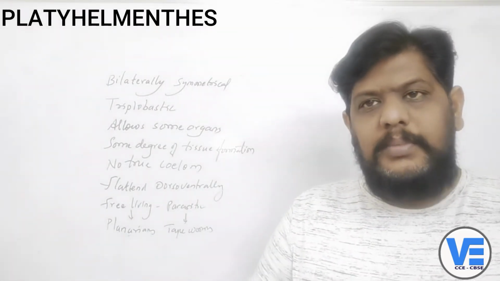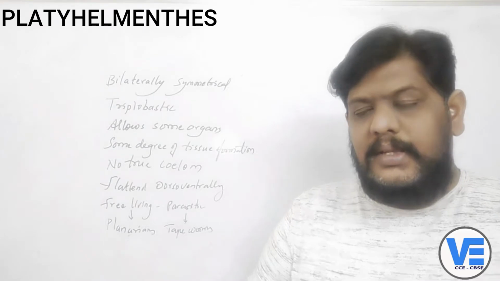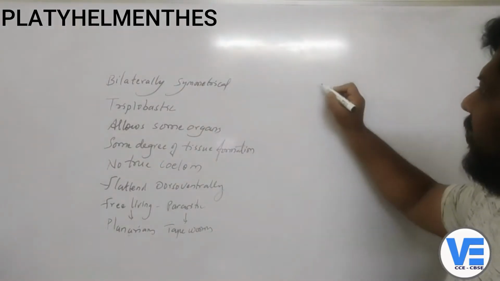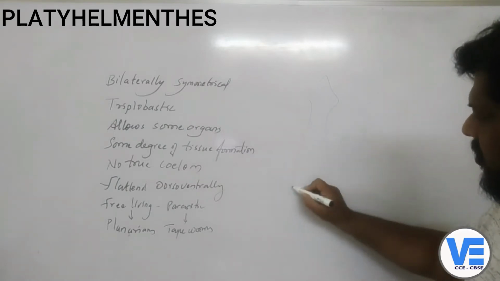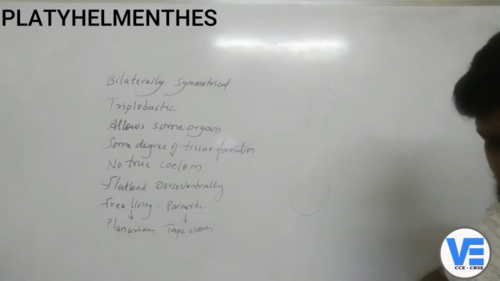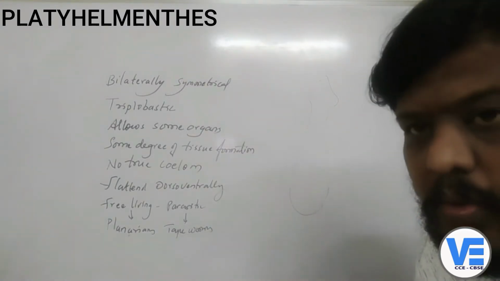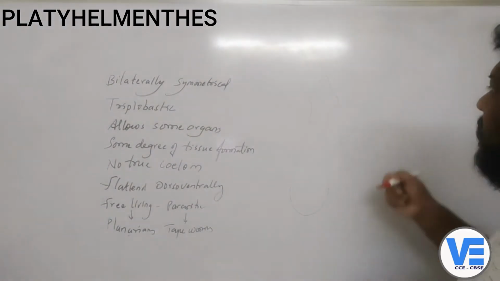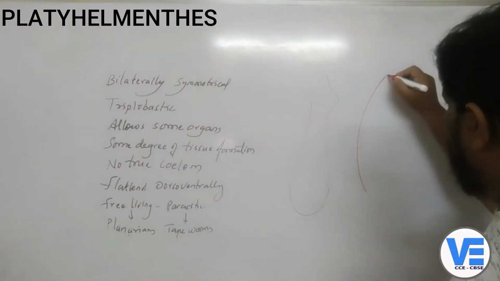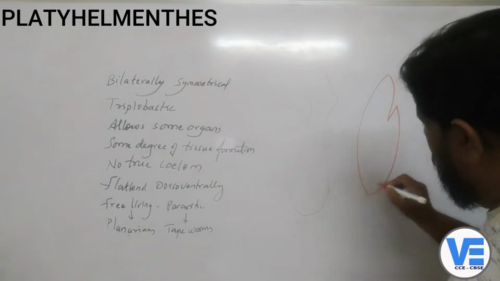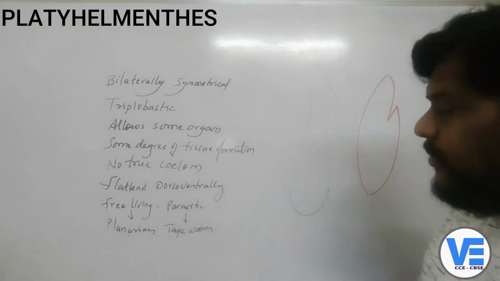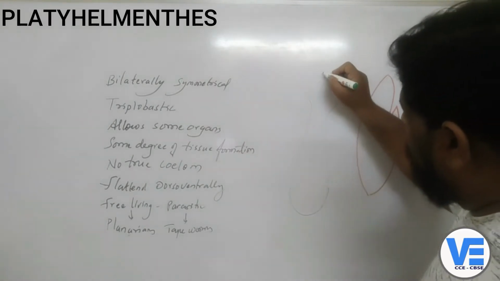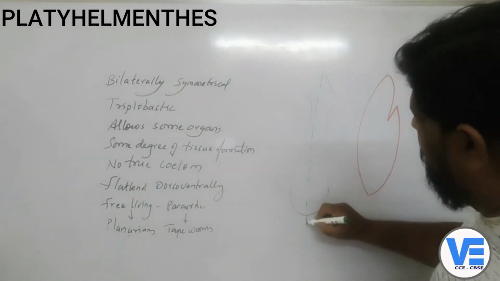Now, what do you mean by bilaterally symmetrical? For example, if you take a planaria and also take a paramecium here, we will try to cut them into two halves.